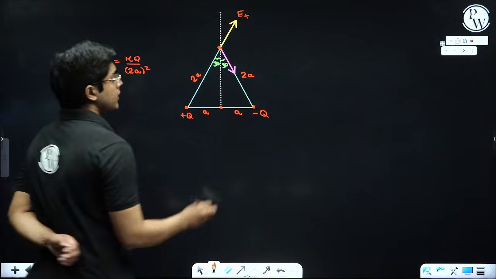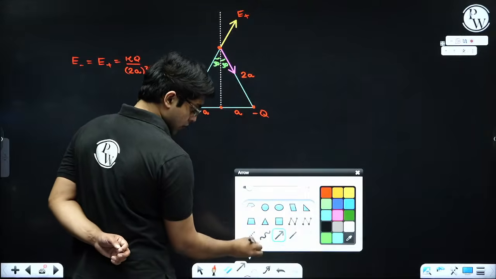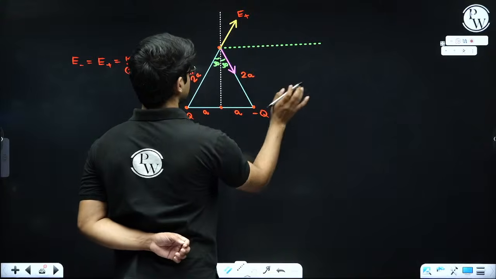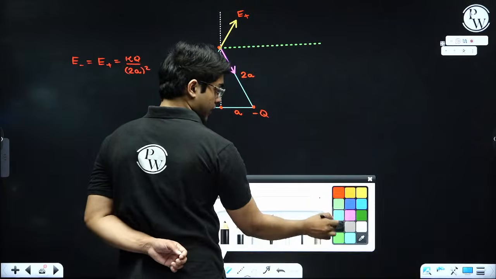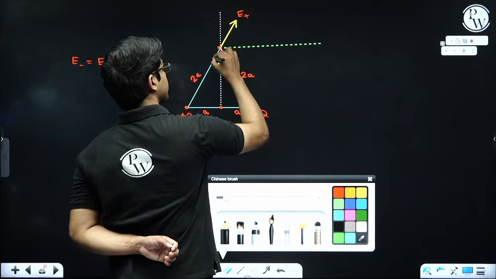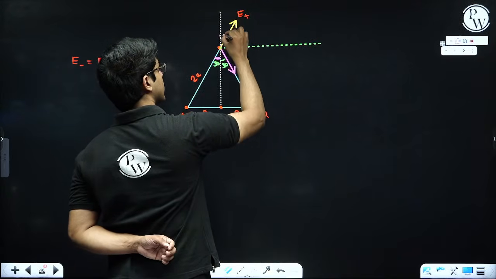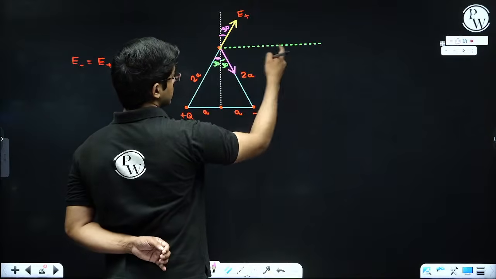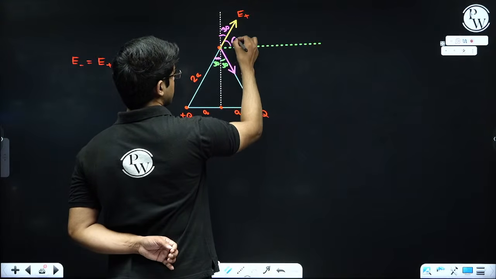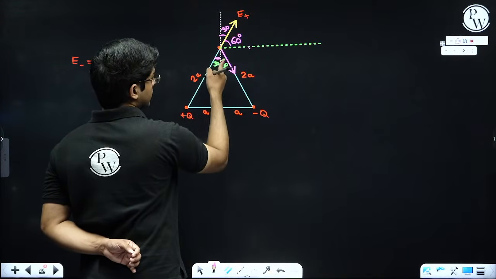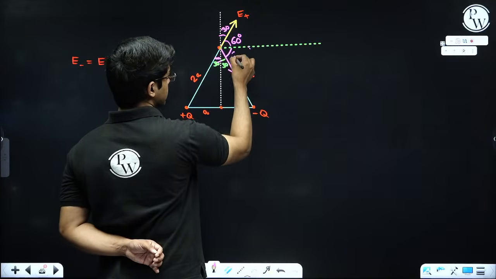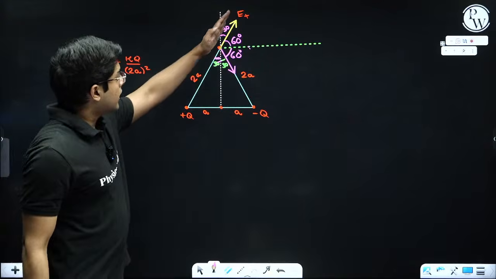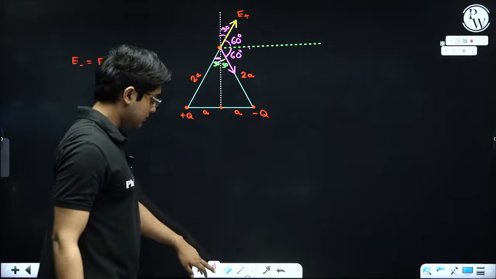Now, if I draw a horizontal line here, then if this angle is 30, this angle will also be 30. This is vertical, this is horizontal, so this angle is 60. Similarly, this is 30, so this will also be 60. These two magnitudes are equal, right?